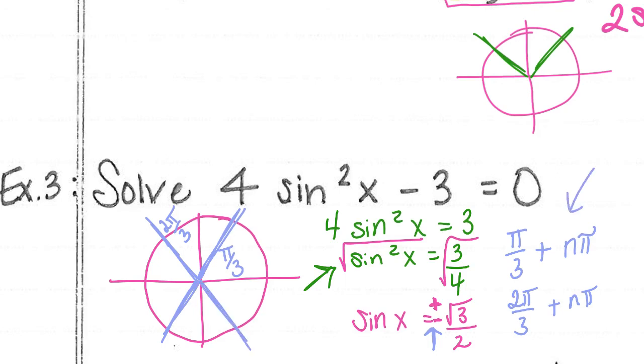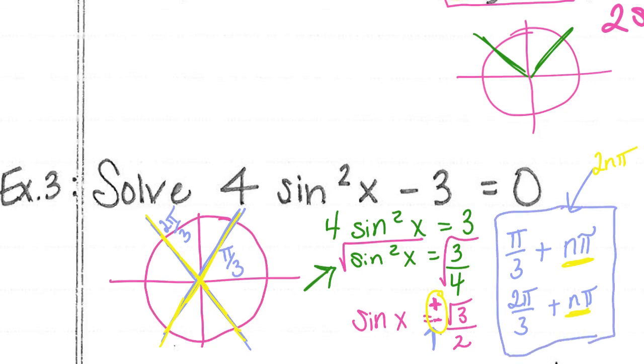So instead of writing 2n pi, I'm just writing this n pi, because notice that it's going to be a plus or a minus root 3 over 2 at every single quadrant, because the sign will be the same at every single quadrant except for location, location, location changes the signs. But we have both signs, so we can use them. So my answer in this case is pi over 3 plus n pi and 2 pi over 3 plus n pi.